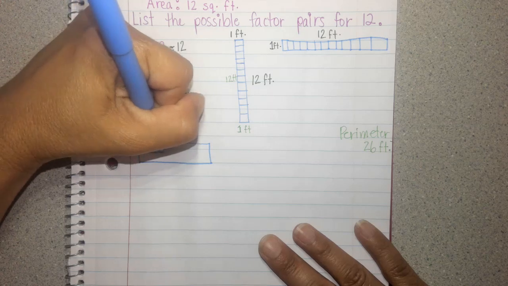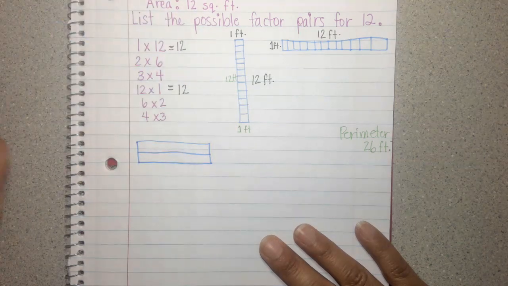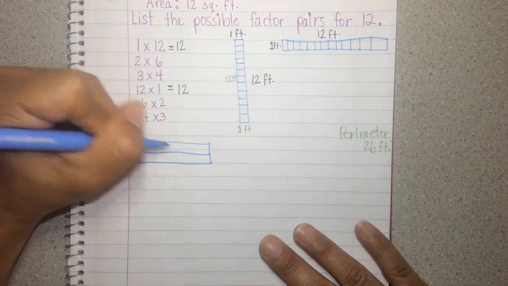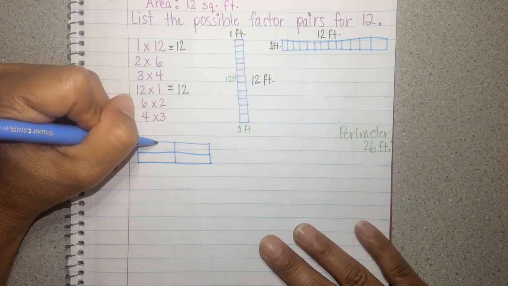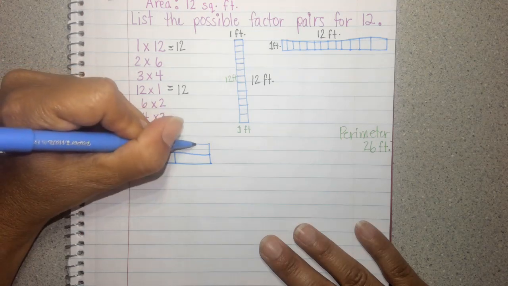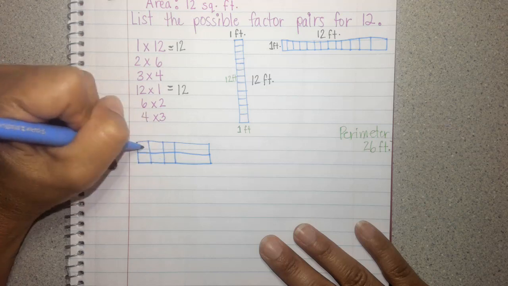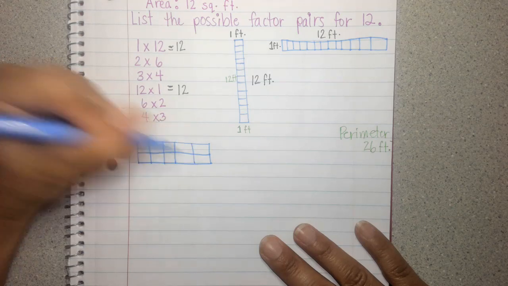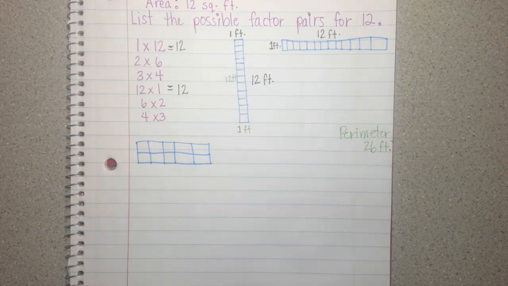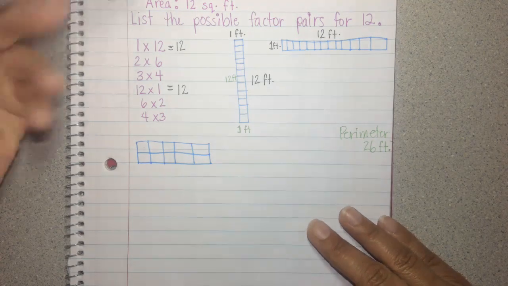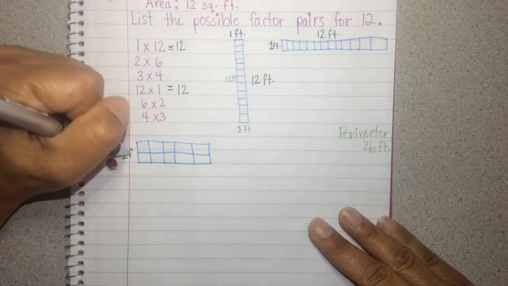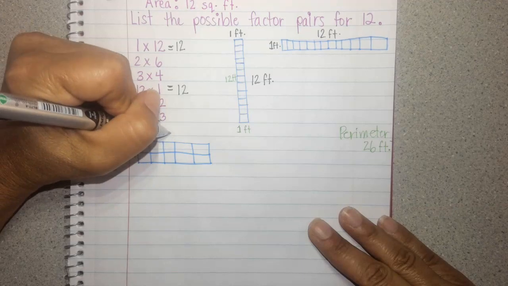I'm going to divide this into 2. And what we get is 2 feet times 6.